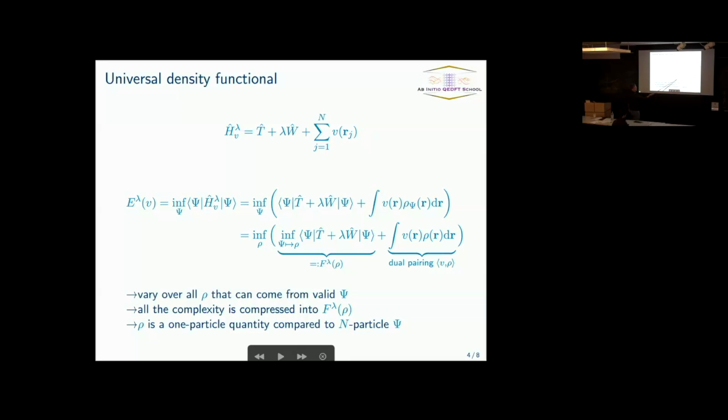Of course, this is not a simple expression or anything, but I can write it down. So all the complexity of my original many particle system, when it comes to ground state energies, is compressed into this functional. Okay, that is the basic idea of density functional theory, or of all functional theories. Also those which will be invented in the future. Probably.